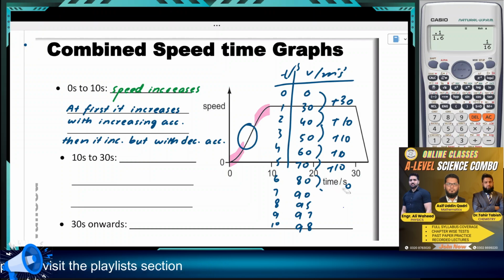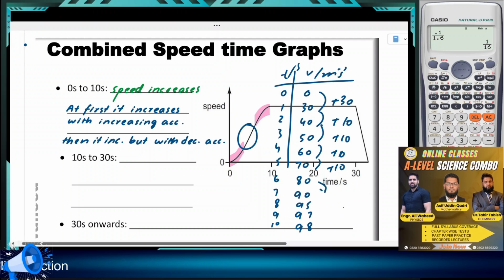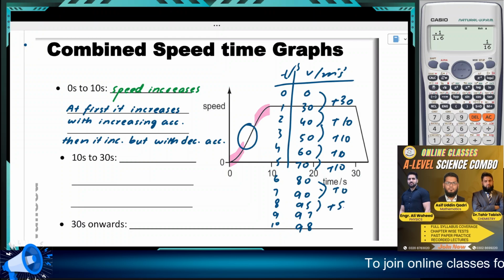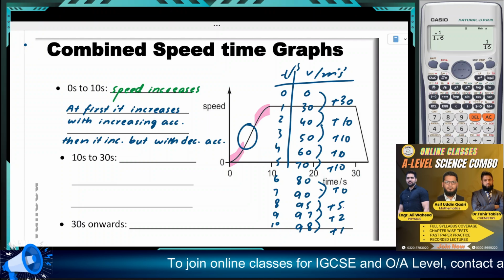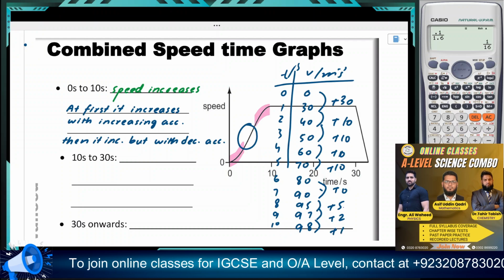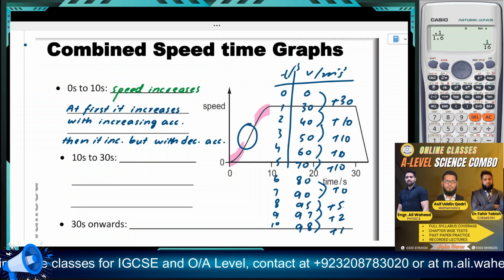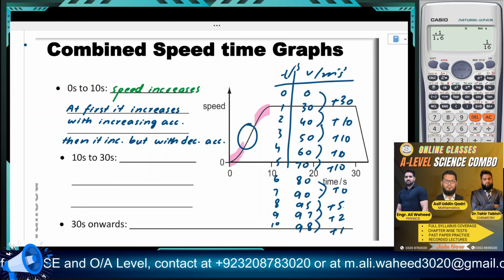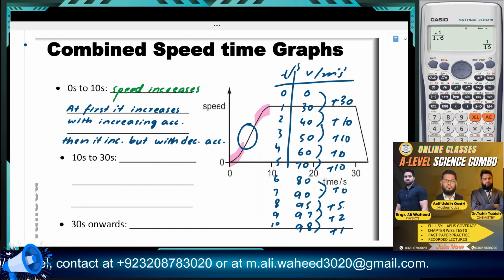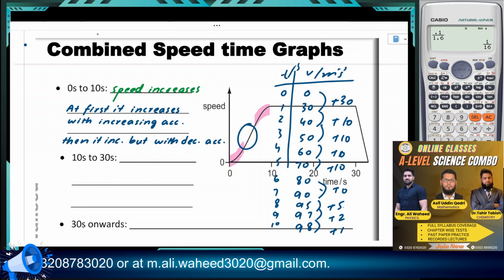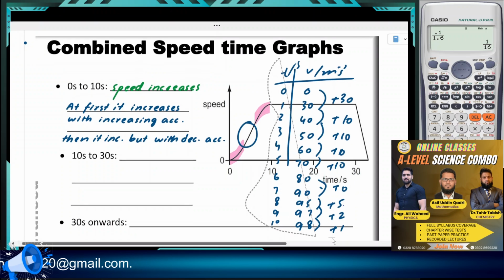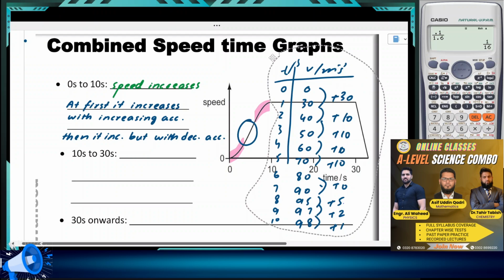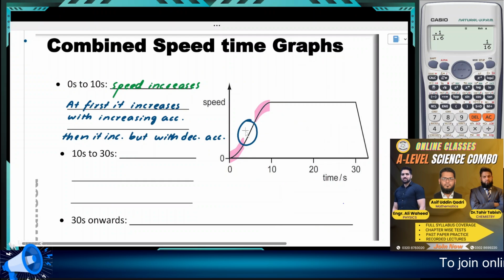But towards the last few seconds, you see the speed is increasing, but now the change is only 5, and after that the change is only 2, and after that only 1. Speed is still increasing, but now it is increasing at a decreasing rate. That is called speed increasing but with decreasing acceleration.